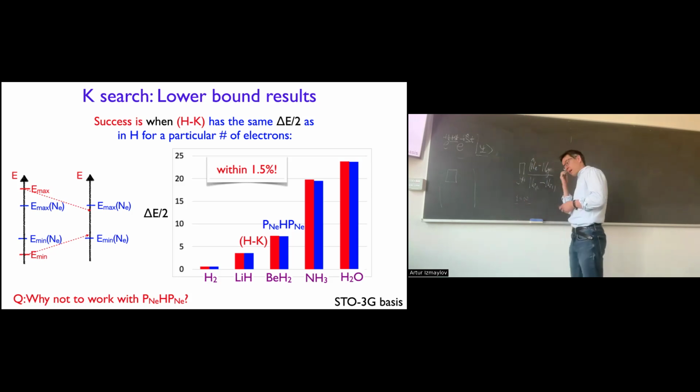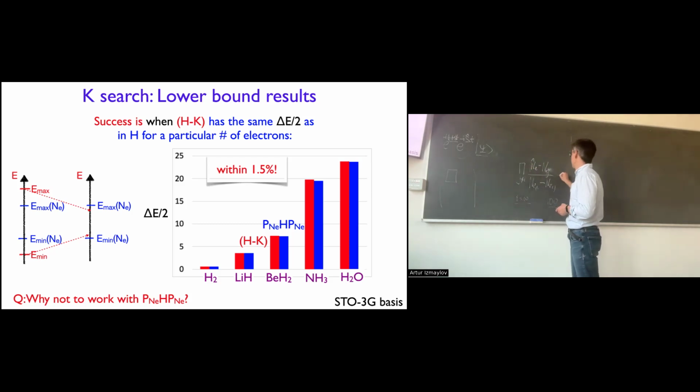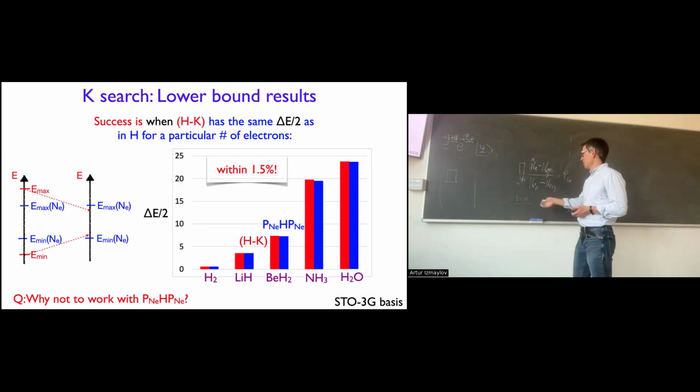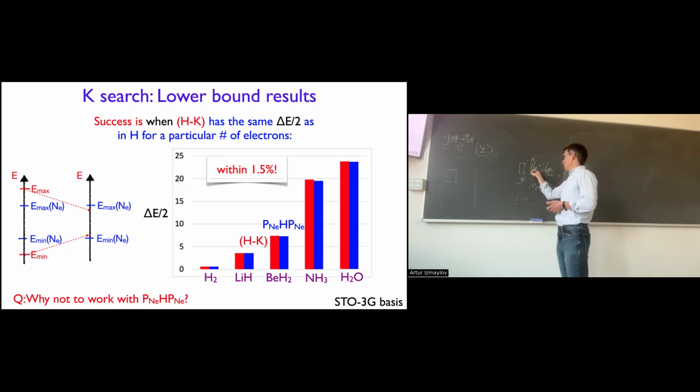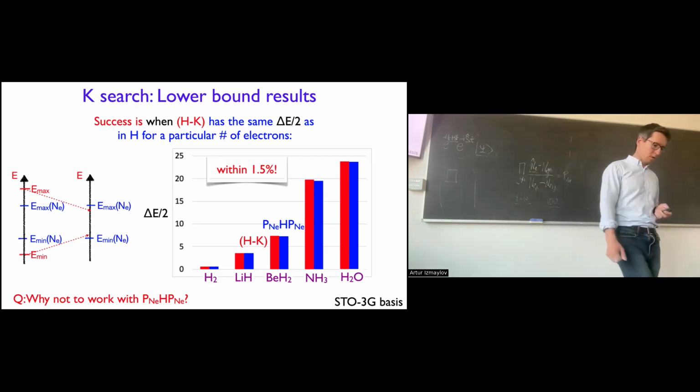But if you have a basis set that allows you to have 100 electrons because there are 100 spin orbitals, then this projector would be a polynomial of 100-degree or 99-degree.